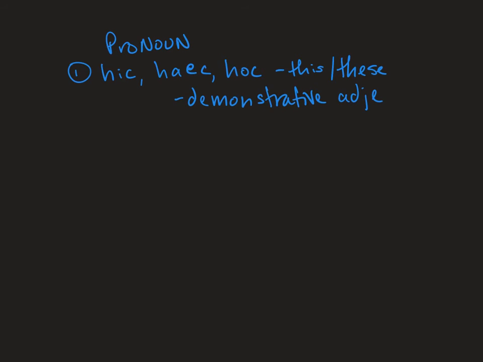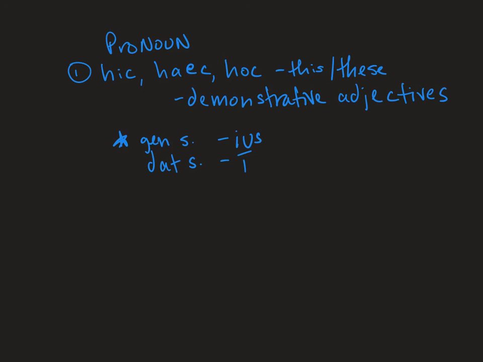So pointing out these boys versus those boys, or you could just use it as a pronoun. The endings are going to be very similar to is, ea, id, ille, illa, illud, etc. And in these pronouns, remember the big takeaways or the exceptions are going to be the genitive singular, which is going to end in ius, and the dative singular, which is going to end in i.